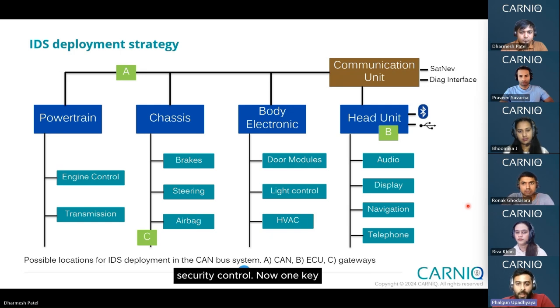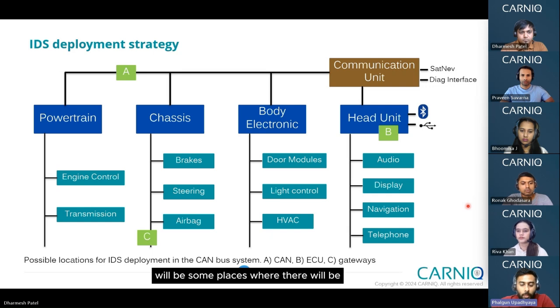Now, one key aspect that plays here is your cost and the availability, and this will be mainly considered during your architecture phase, be it the system architecture or the hardware, the software architecture, because many things can be detected by IDS, but do you want to detect is the question.